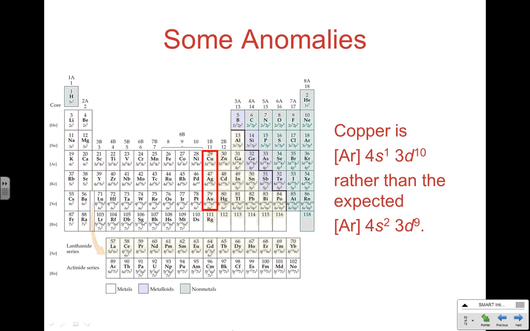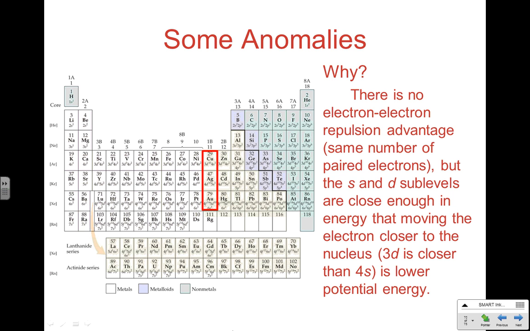Now it also happens at the end of that sublevel as well. Copper is 4s1 3d10 rather than 4s2 3d9 for the same reason. It's actually a little bit lower in energy to pull that electron out and fill our entire 3d sublevel than to have it in that 4s sublevel.